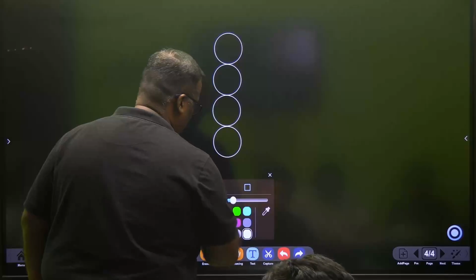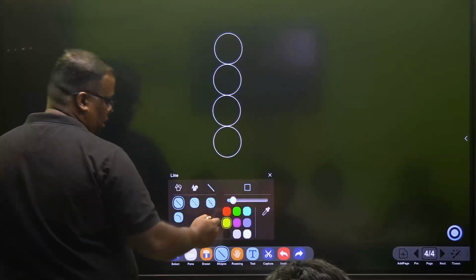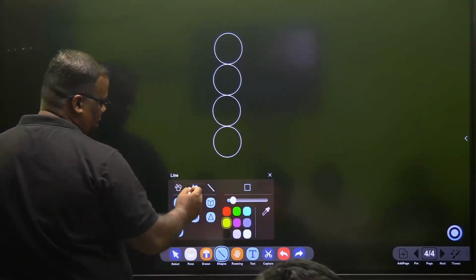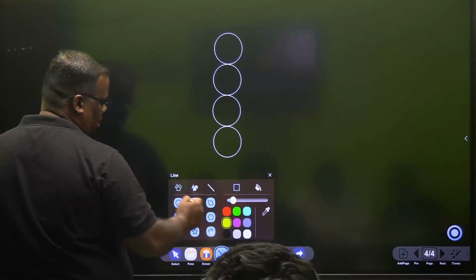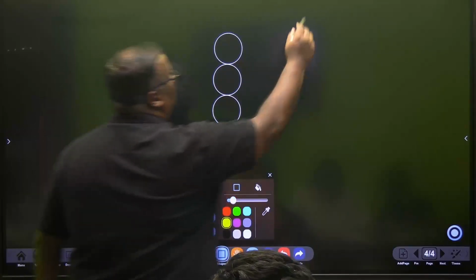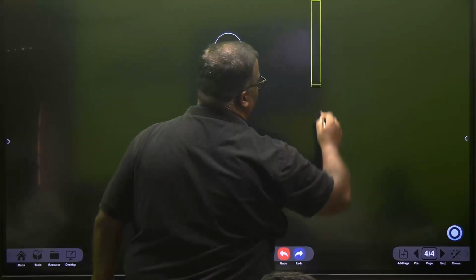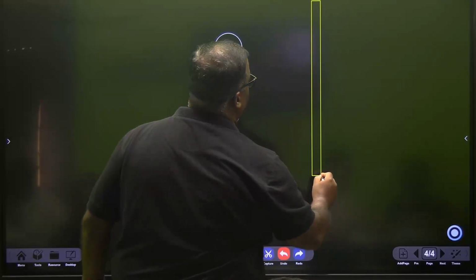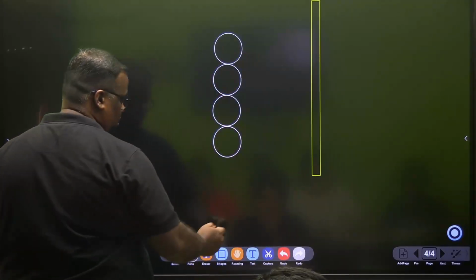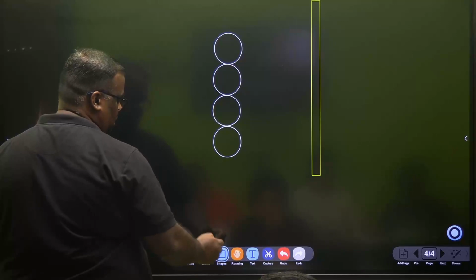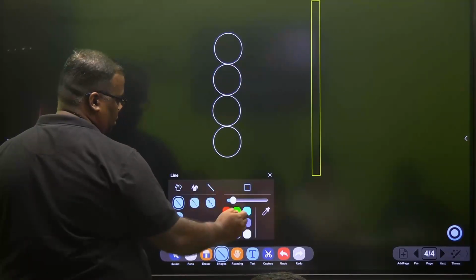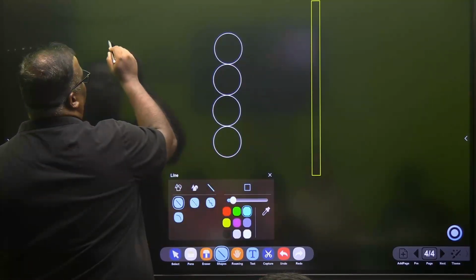So let's show the alpha particles like this, and let's first create a screen. So we have to have a screen. Let's say this is our screen. And let's go and create the bombing of the alpha particles.